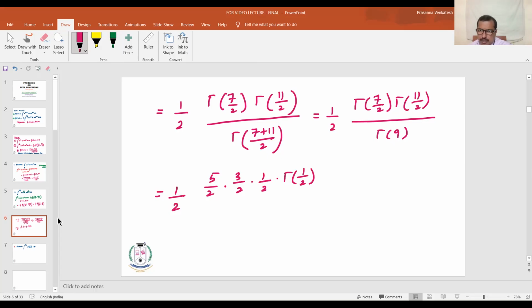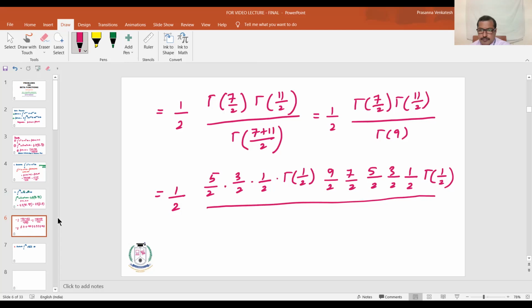For 11 by 2, you start with 1 less, which is 9 by 2, 7 by 2, 5 by 2, 3 by 2, 1 by 2 into gamma of 1 by 2, whole divided by gamma of 9, which is 8 factorial. So that is equal to 1 by 2 times 1, 2, 3, 4, 5, 6, 7, 8. So 2 power 8. 2 power 8 into 2 is 2 power 9.